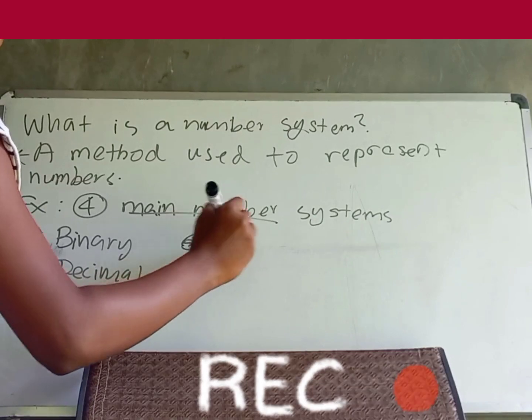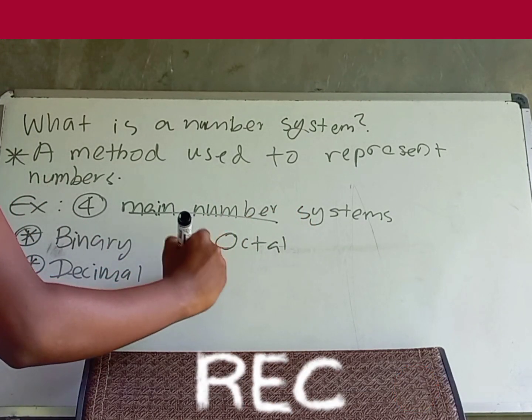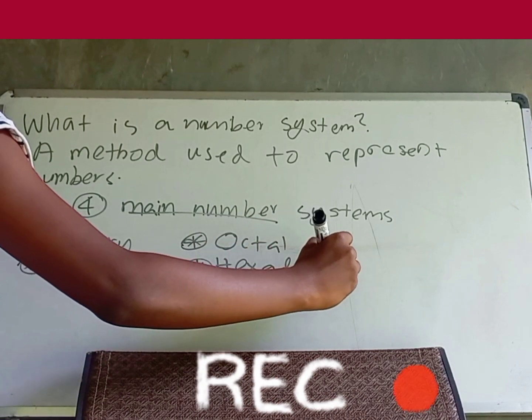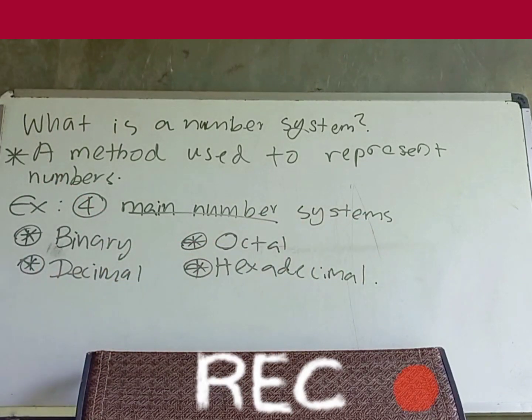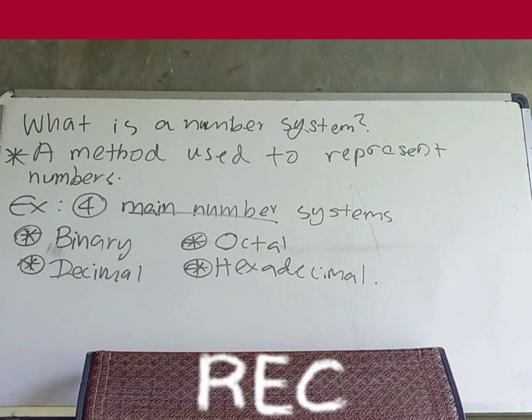Third one, octal number system. Fourth one, hexadecimal number system. So like that, there are 4 main number systems: binary number system, decimal number system, octal number system, and hexadecimal number system.